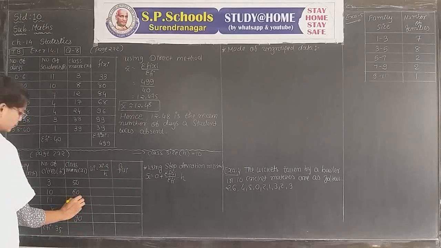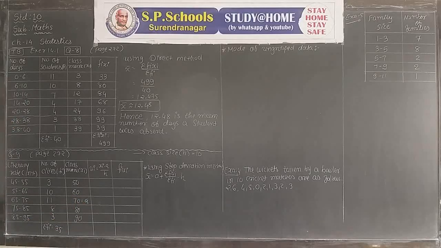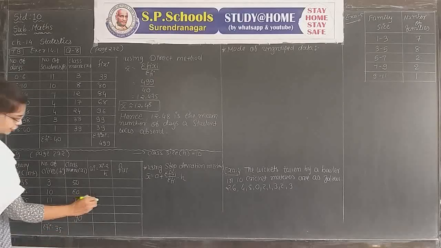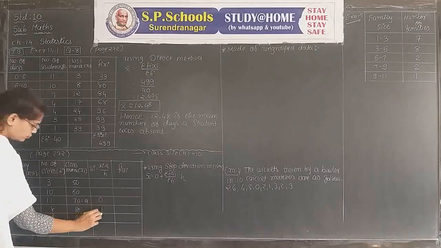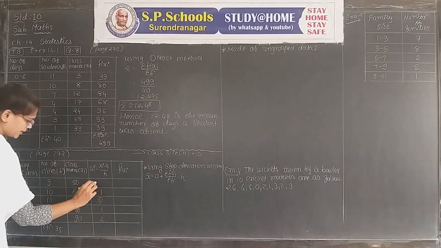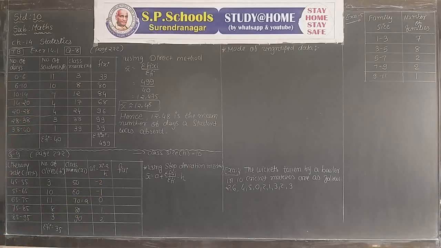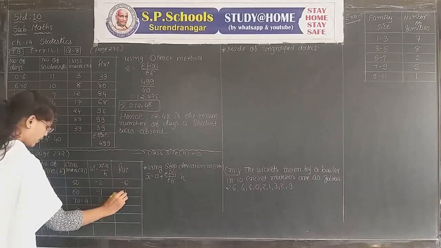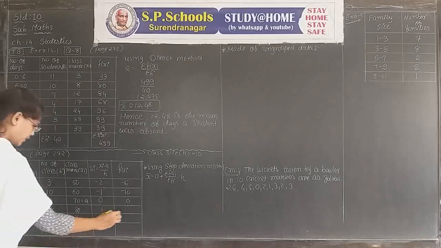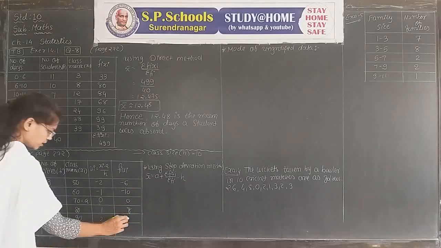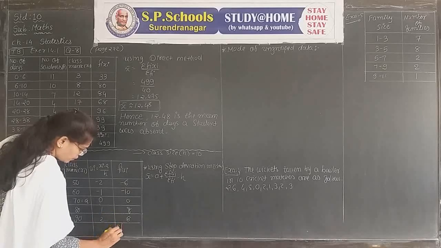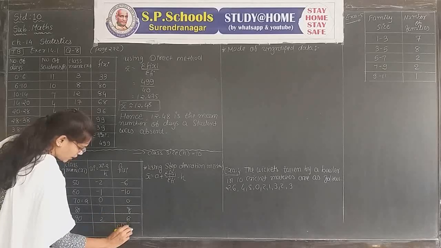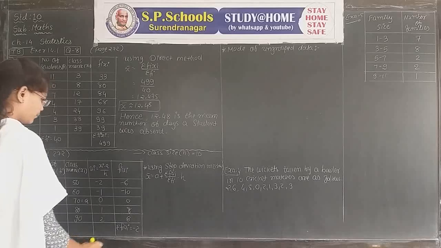For that, assume 70 as A. In front of A is 0, the below side 1, 2 and the upper side is minus 1 and minus 2. Minus 6, minus 10, 0, 8 ones are 8, 2 threes are 6. Plus, minus 6 is cut and we get here minus 2, which is sigma Fiui equals minus 2.